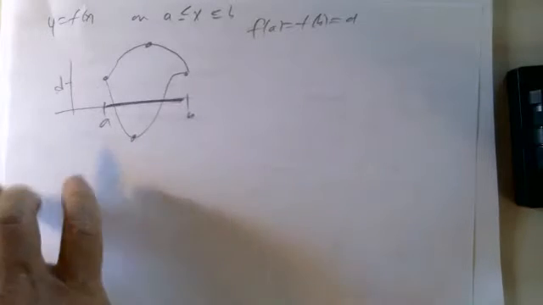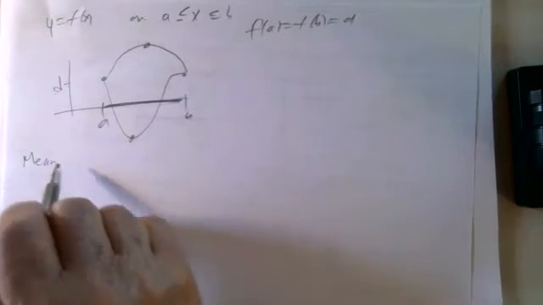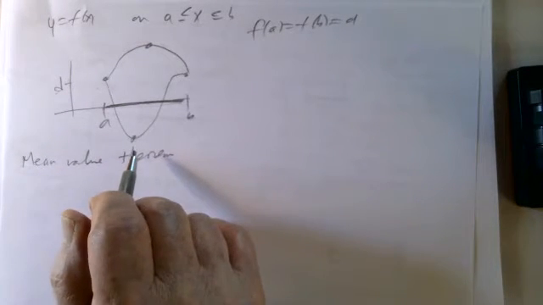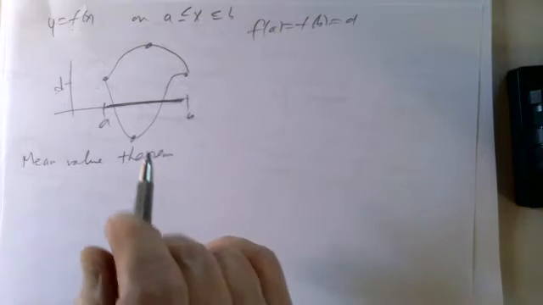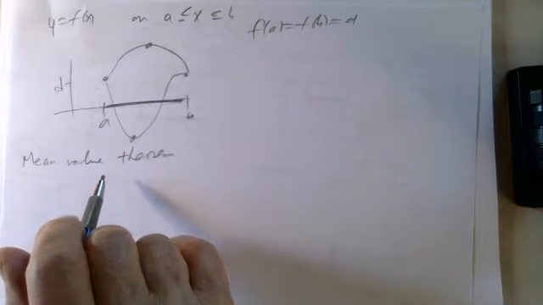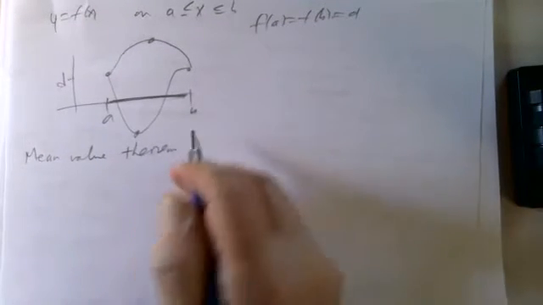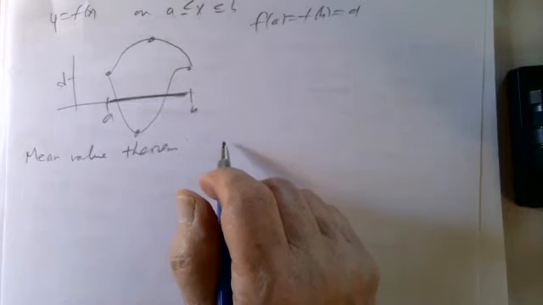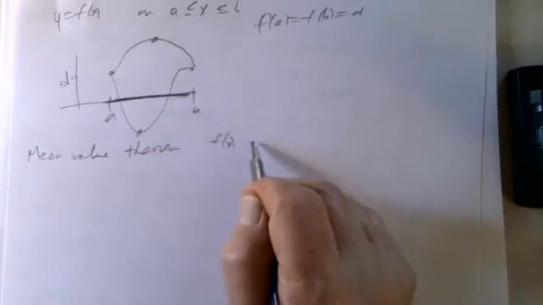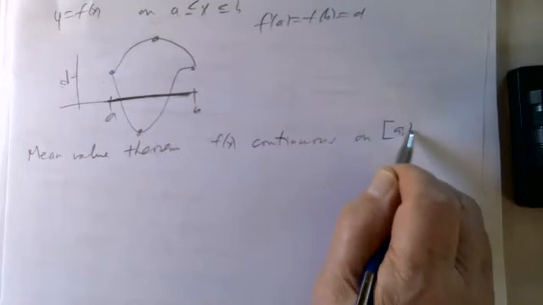And there's a generalization of Rolle's theorem, which is called the mean value theorem. Which says the following. So this is the mean value theorem. We have a function f of x. Again, it's continuous on the closed interval from a to b.